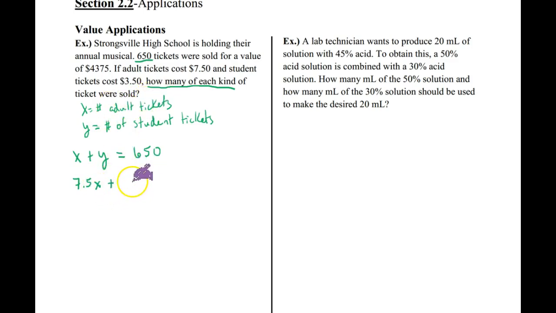And then add that to the student ticket price of $3.50, multiplied by how many student tickets I sold, and that would be how much I made off the students. If I add them together, that's the total amount of money I made, which is $4,375.